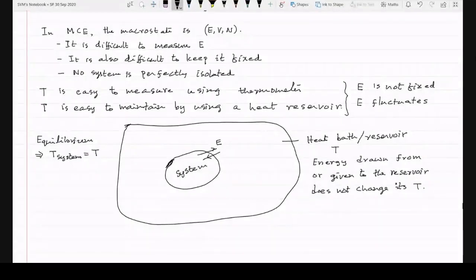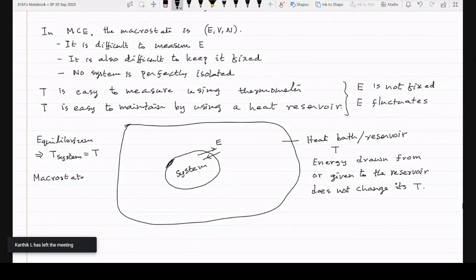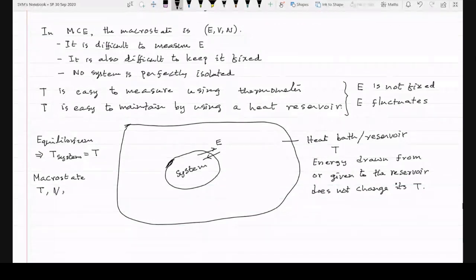So we have a macro state in thermodynamics. We say that we are going to fix the temperature, the volume, and the number of particles of the system. Now such a thermodynamic system is called a closed system. It is closed because the number of particles are not going out. A closed system in equilibrium.